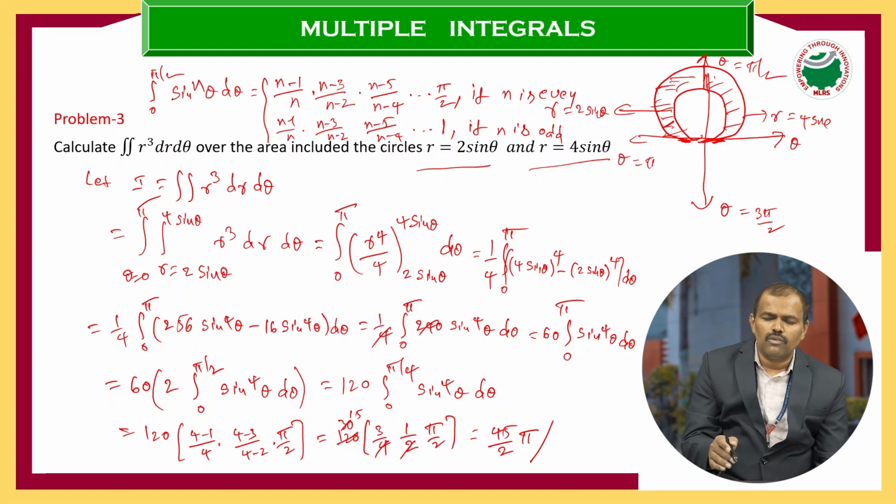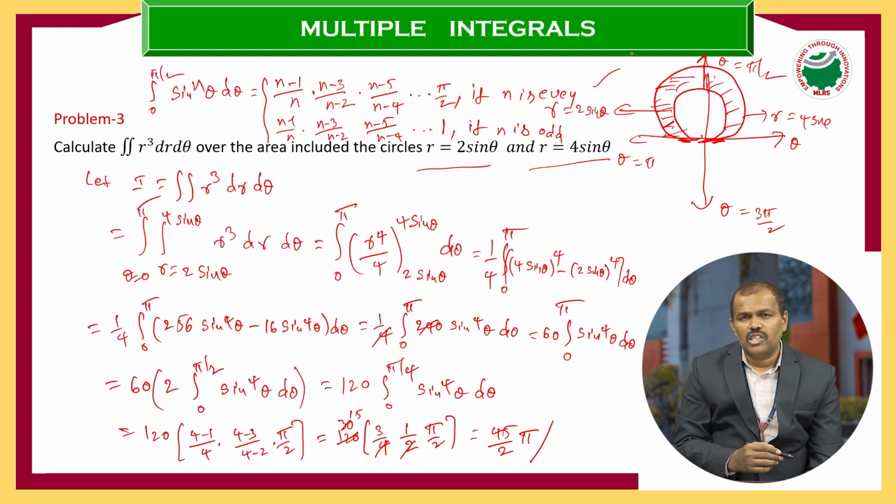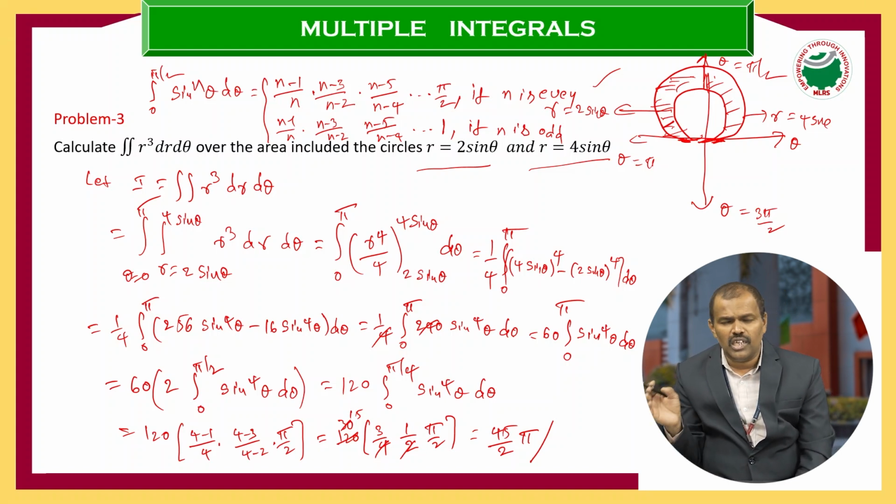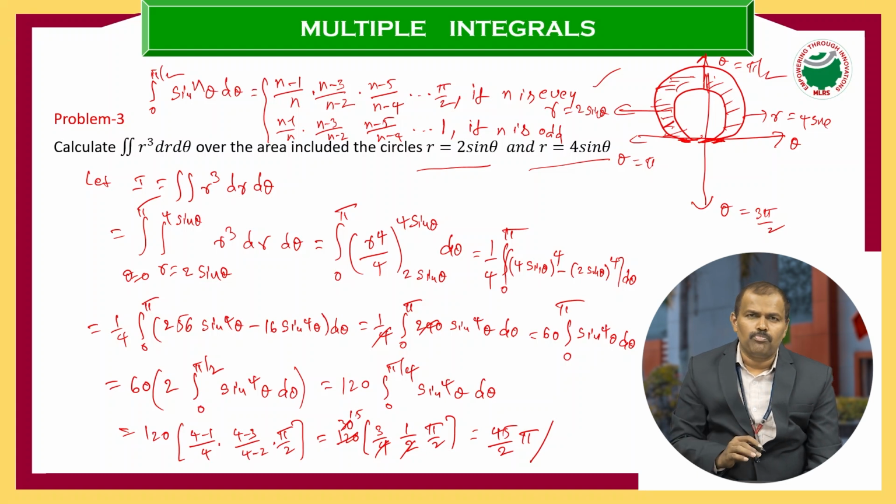So here we have one of the formulas already explained. Integral 0 to pi by 2 of sin power n theta has a dual nature. Whenever n is even, the last term should be pi by 2. If n is odd, the last term should be 1.